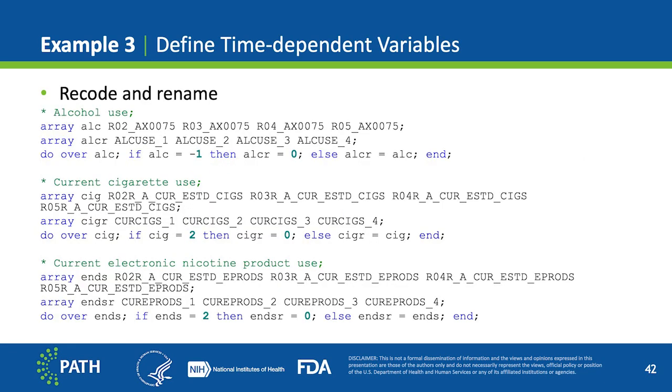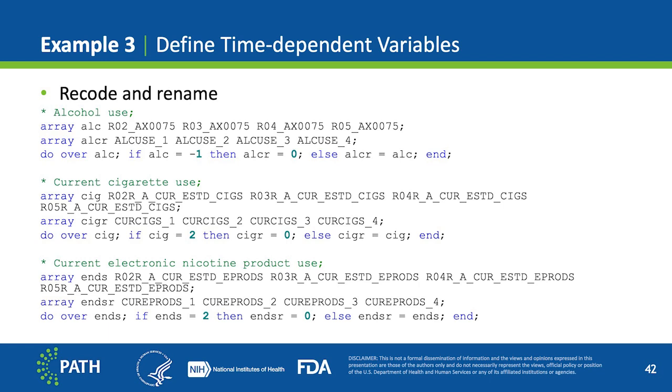Before we run the model, we need to manipulate these variables. First, we will rename the variables and recode them for a more straightforward interpretation. As you can see here, I renamed alcohol use to ALC use _1234. I will show you later why we need to do this.